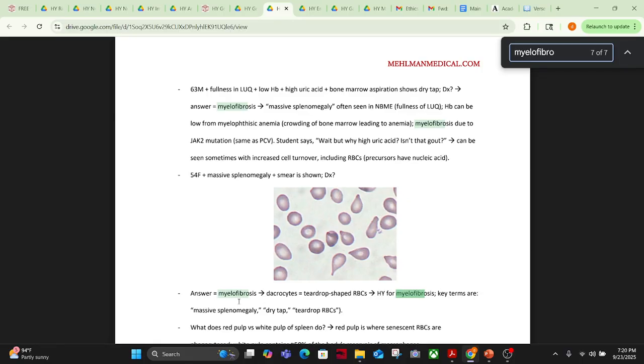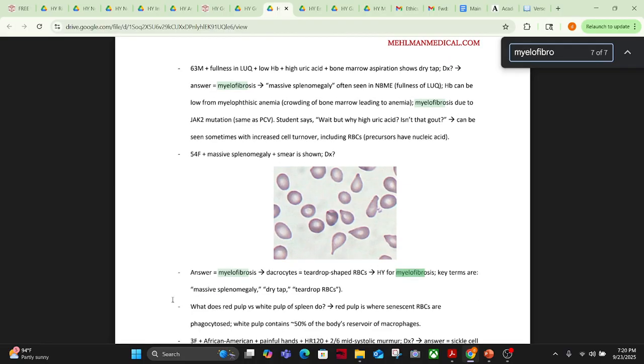Also, the teardrop cells are known as dacrocytes. This is high yield for myelofibrosis. Key terms are massive splenomegaly, dry tap, and teardrop RBCs.